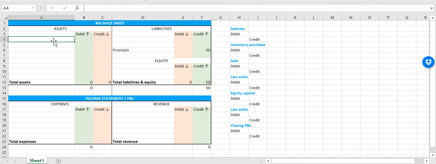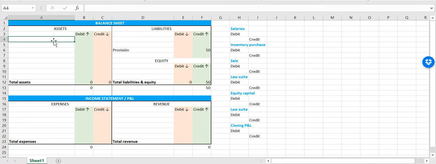So the general idea is that debit increases assets and expenses, and it decreases liabilities, equity, and revenue, whereas credit decreases assets and expenses, and it increases liabilities, equity, and revenue. So that also means that normally assets and expenses are going to have debit balances.